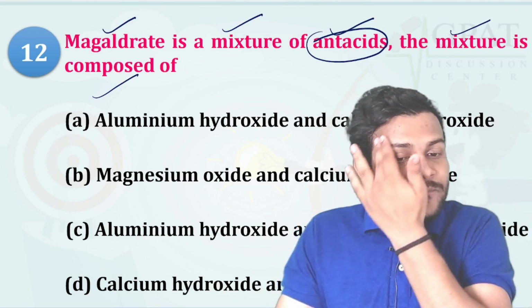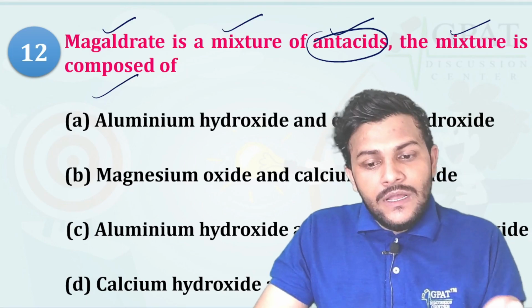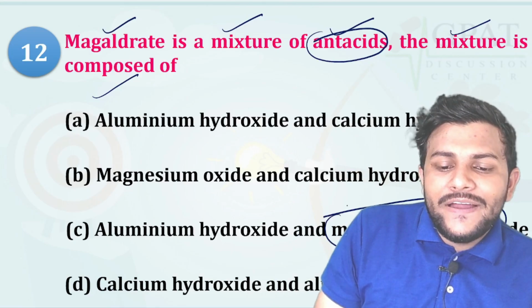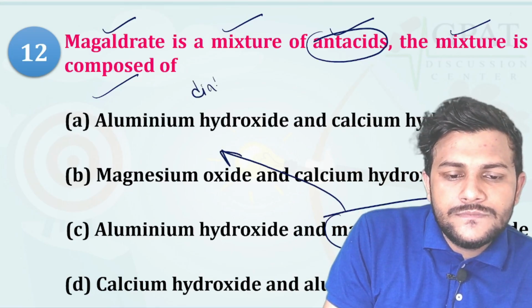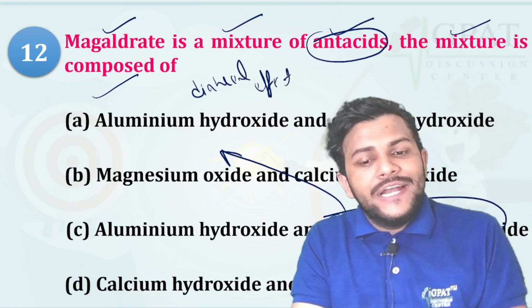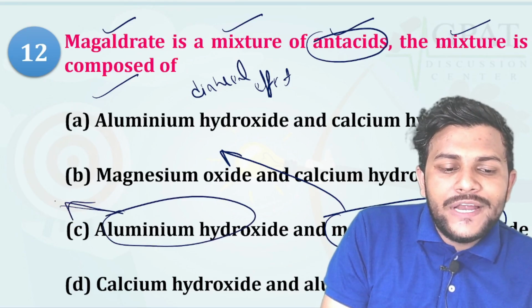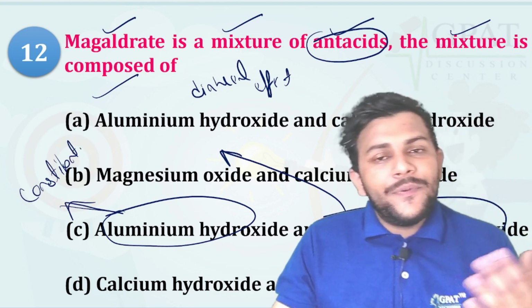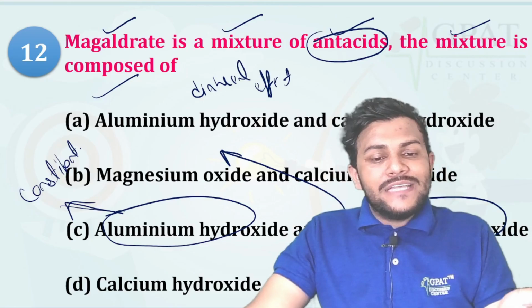Magnesium hydroxide has a diarrheal effect, whereas aluminum hydroxide has a constipation effect.